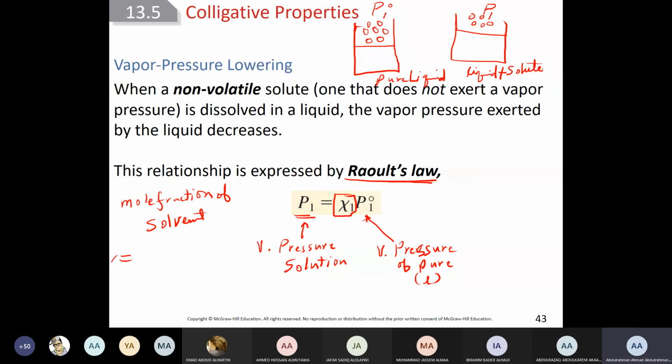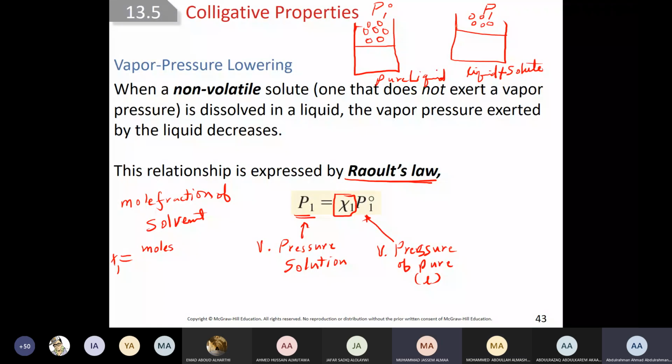X1 equal to what? Partial over total. What's mole fraction? We talked about it last time.